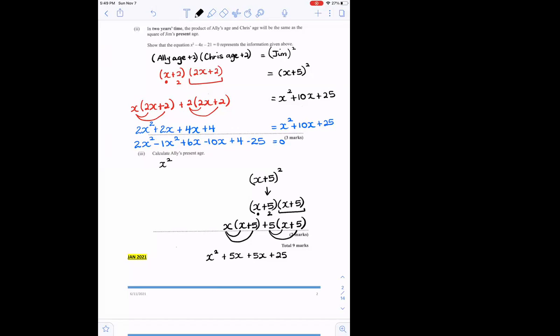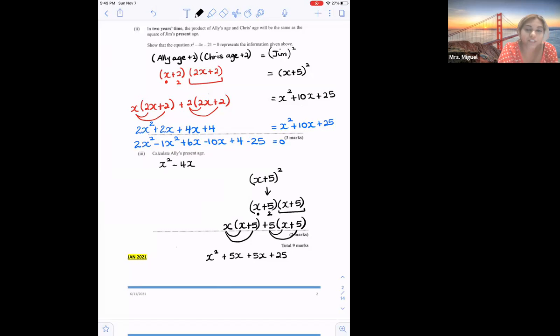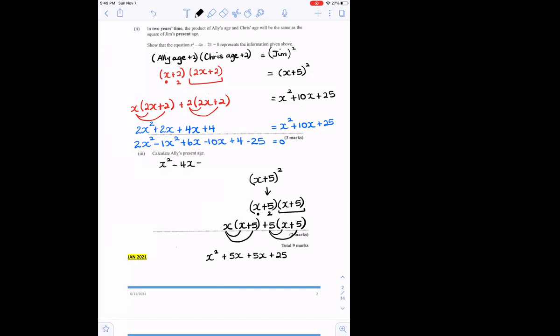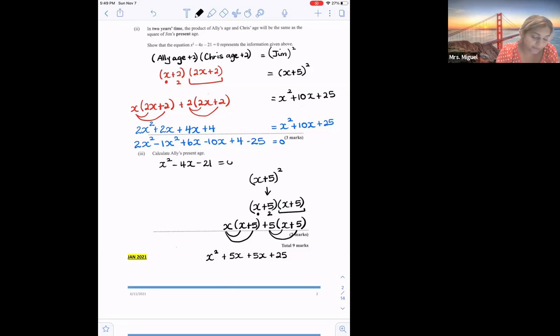How much is 6x minus 10x? You'll get minus 4x. And how much is 4 minus 25? You'll get minus 21. Yes. So here we have proven what they asked us to show, right?